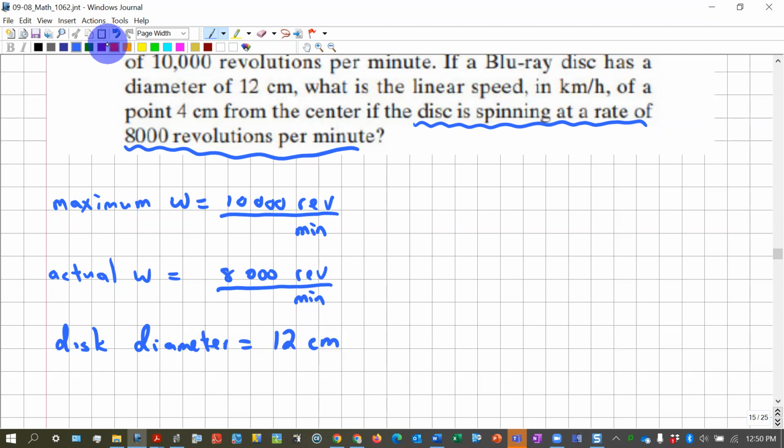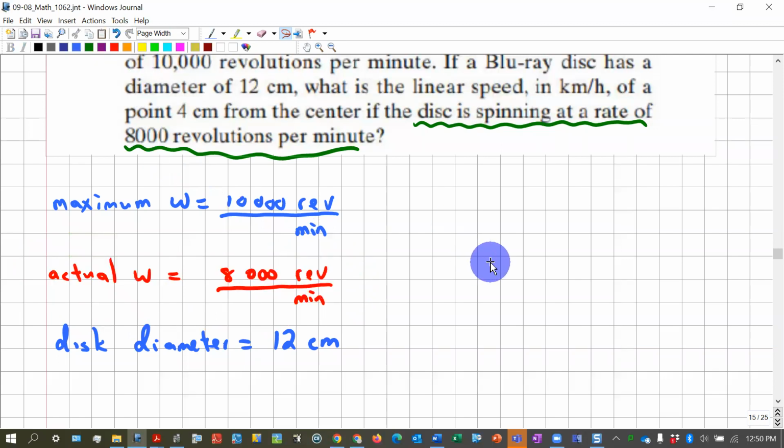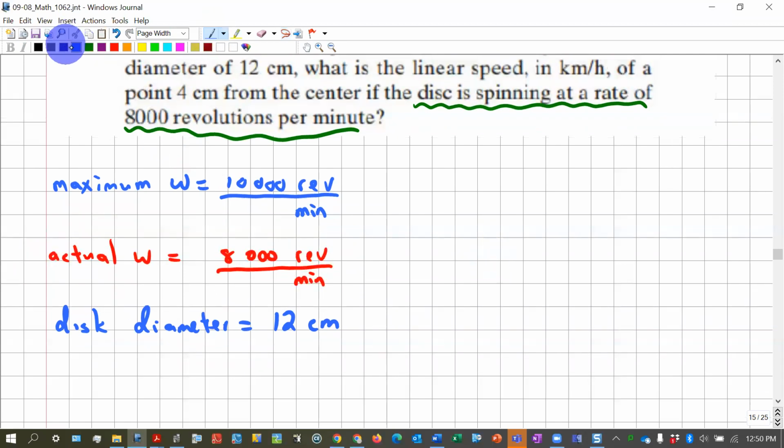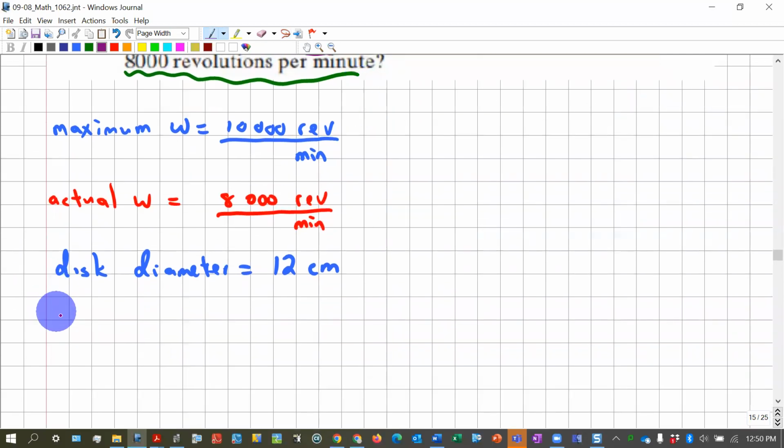But the point that the question is about is 4 centimeters from the center.